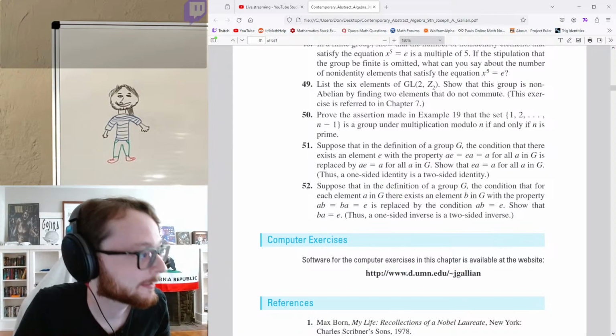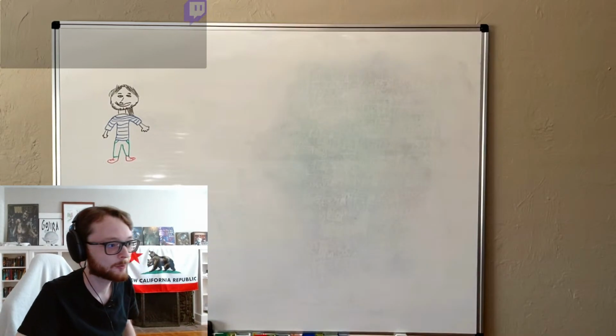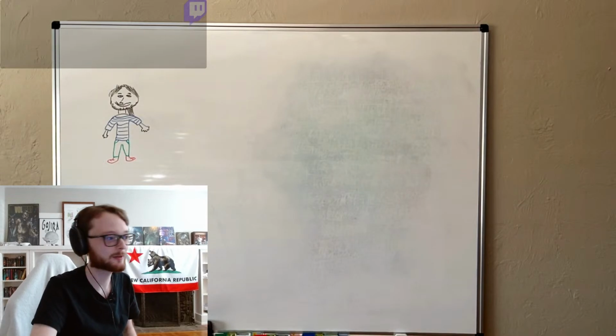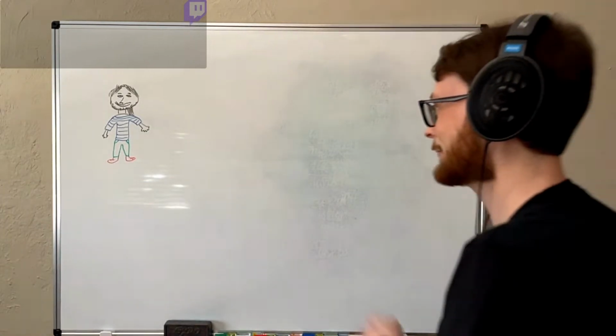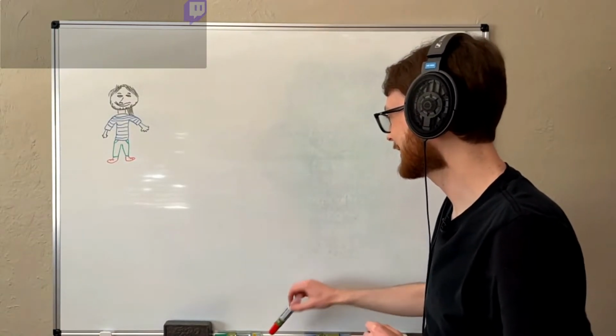Okay, well, let's go to the whiteboard, and I'll try to address Phobos's question as best I can. I'll try to give my understanding of it, and then we'll draw the kitty cat.